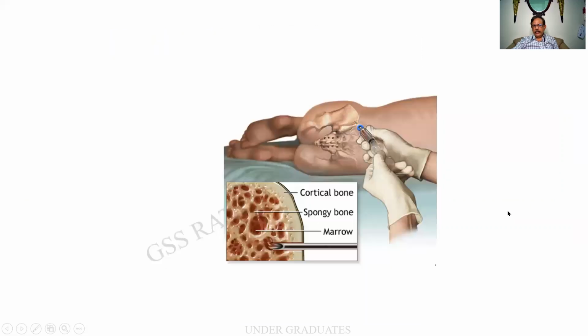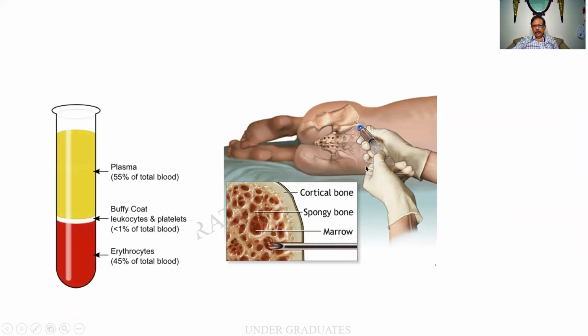In order to make a diagnosis, we will have to do a bone marrow aspiration. You find that the bone marrow will be flooded with blast cells. Or you take the blood and centrifuge it. This is the area of the plasma cells, platelets and leukocytes. This is the RBC and this is the plasma over here.